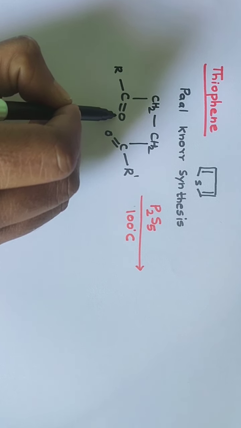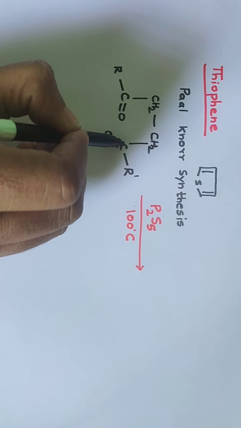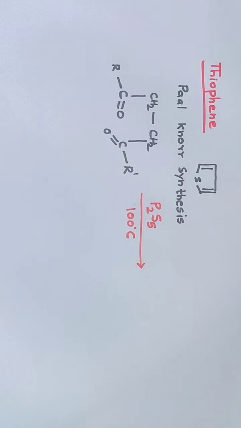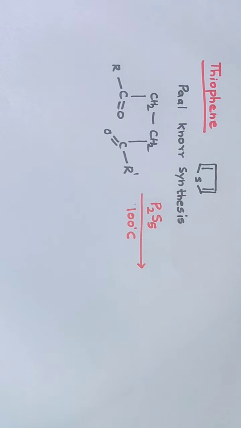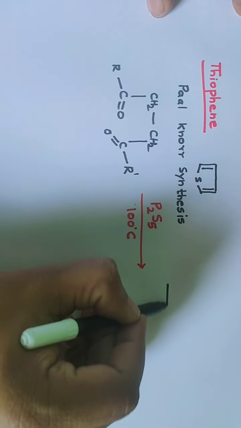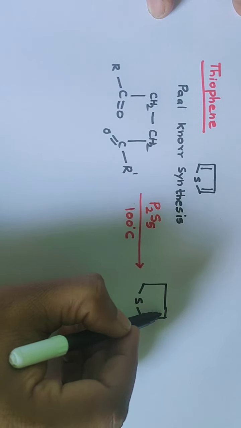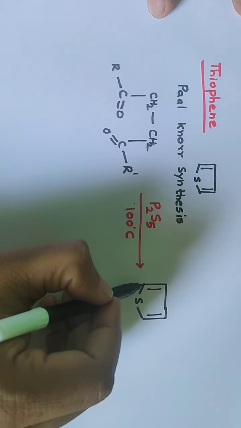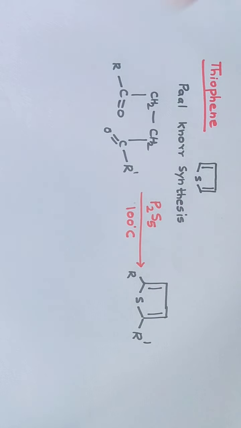It becomes C double bond S. This sulfur attacks this carbon and dehydration takes place, supported by the temperature. So you get this molecule, with the double bonds and the R groups that are already present. You get a dialkyl thiophene.